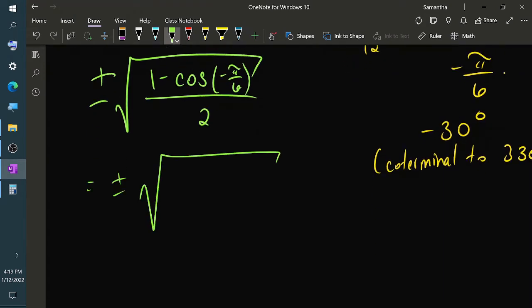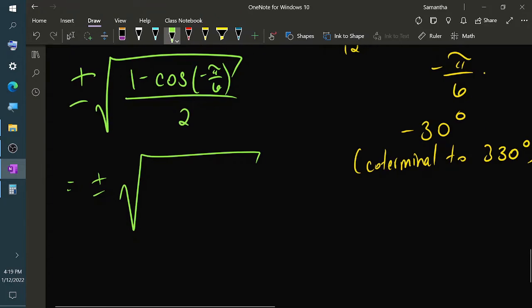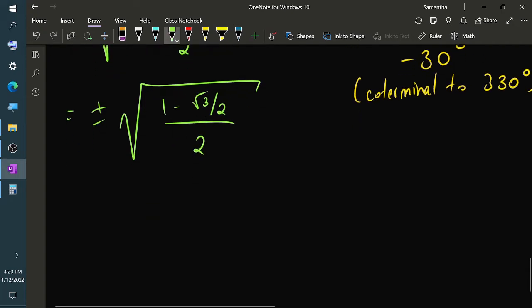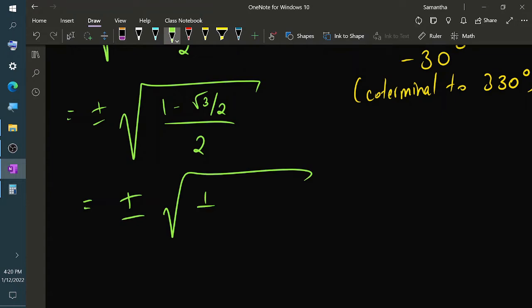Cosine of negative pi over 6, cosine of negative 30 degrees, was equal in value to square root 3 over 2. So the exact value of sine of negative pi over 12 is equal to either the positive or the negative square root of this number, which I will simplify to 1/2 minus root 3 over 4.